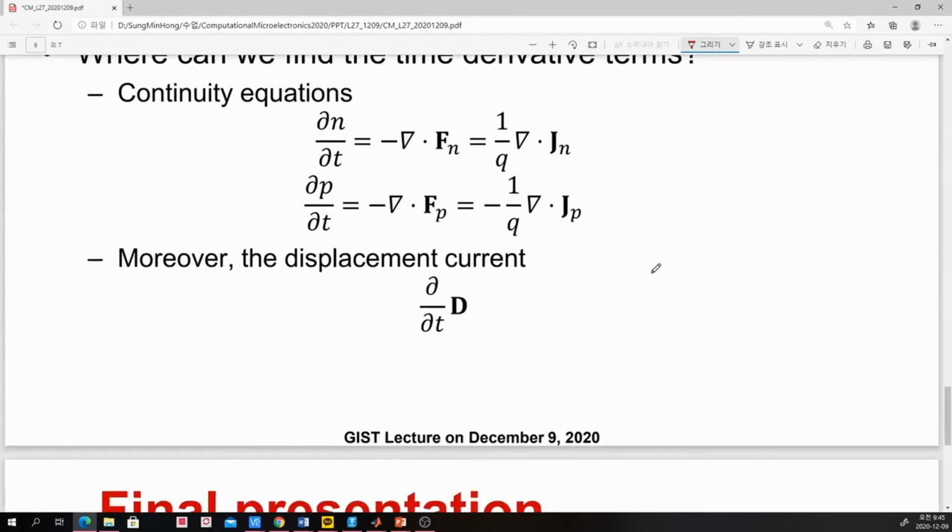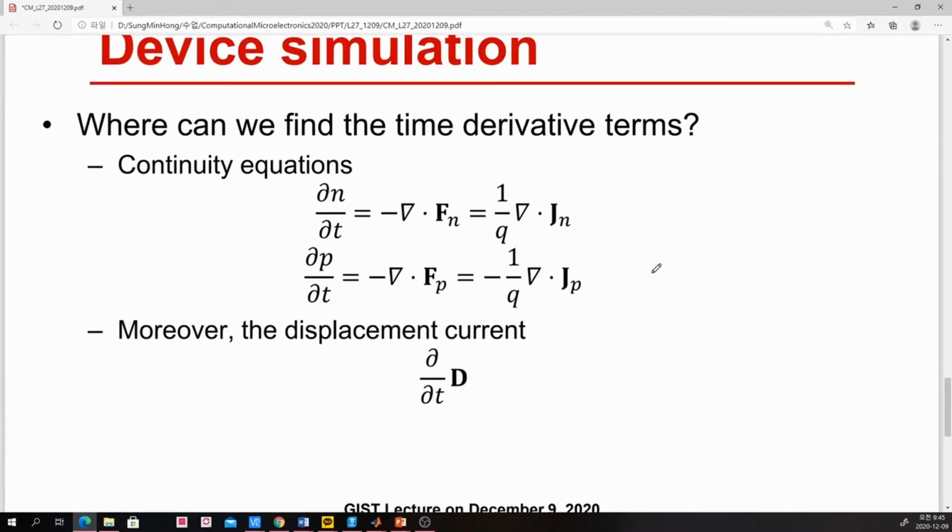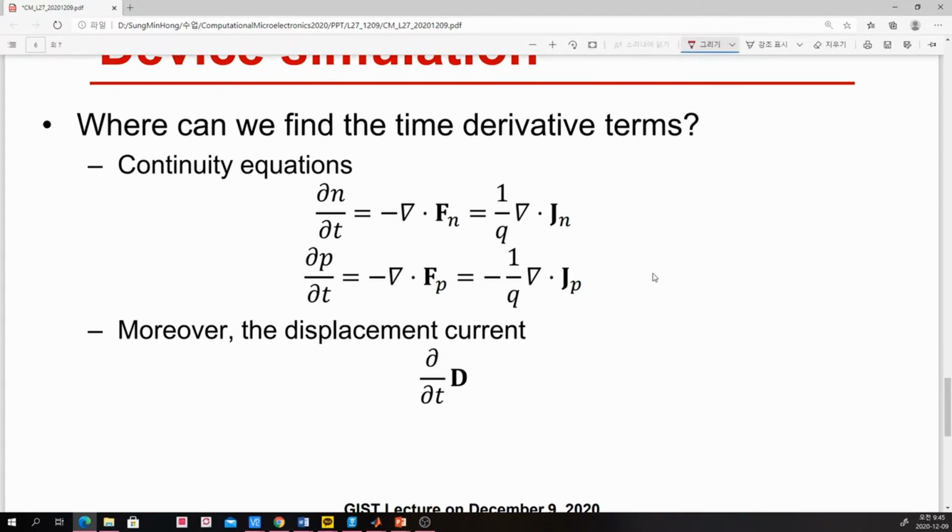So this will be the final slide for this semester. We are now going to the device simulation. Then where can you find the time derivative terms in our device simulation? You can only find the time derivative terms in your continuity equations.